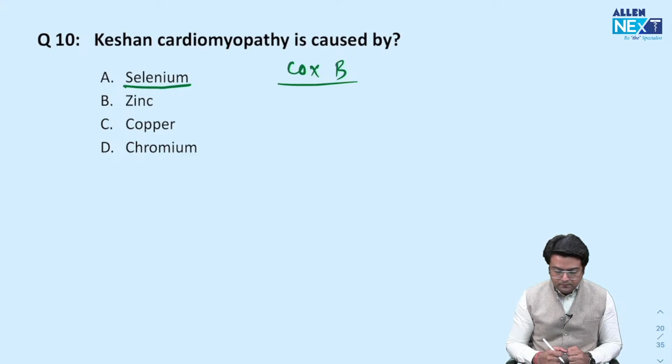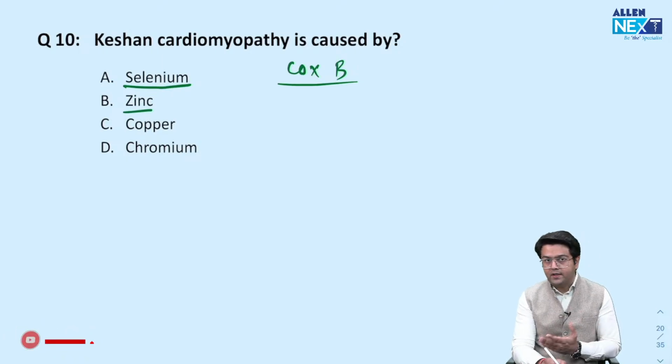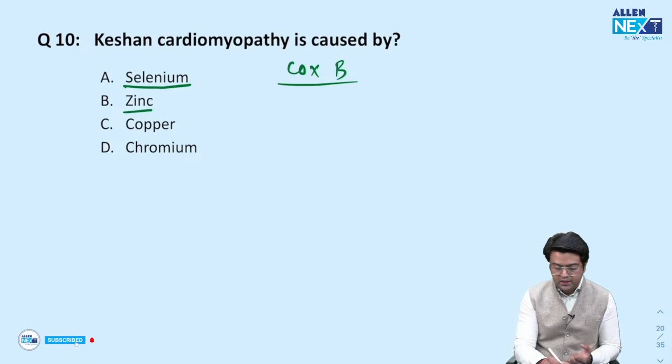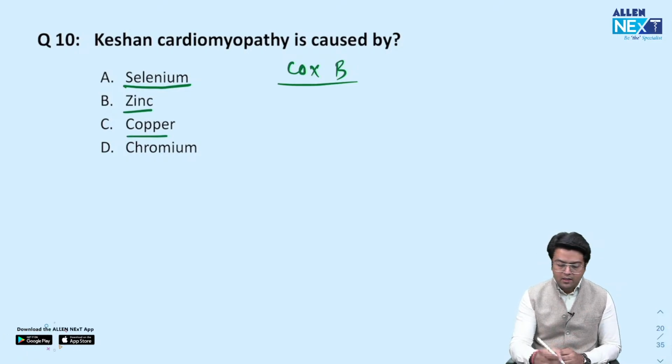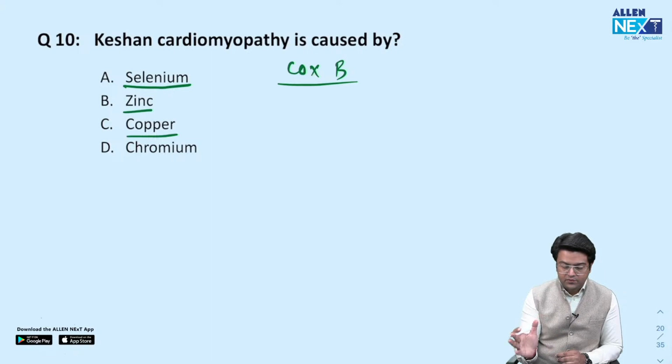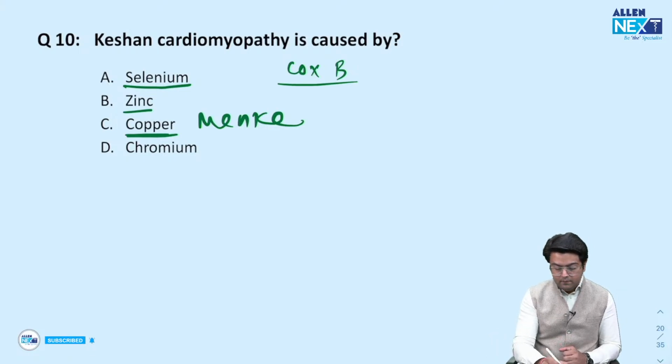Fine. Then zinc deficiency: acrodermatitis enteropathica and hypogonadism and loss of taste sensation, that is hypogeusia, right. Copper deficiency: Menkes disease, right, not the Wilson, please don't write Wilson, Menkes, M-E-N-K-E, Menkes disease.